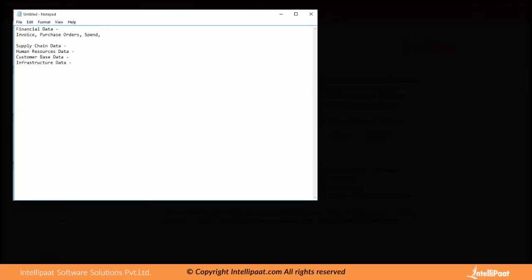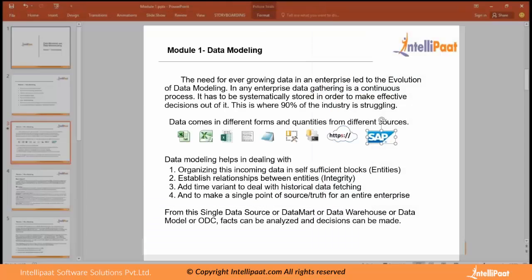Then all this transaction should be time dependent. When I say invoice, somebody is actually selling me goods. So who are they? Vendor. So these are the entities which are self-sufficient and self-bound.